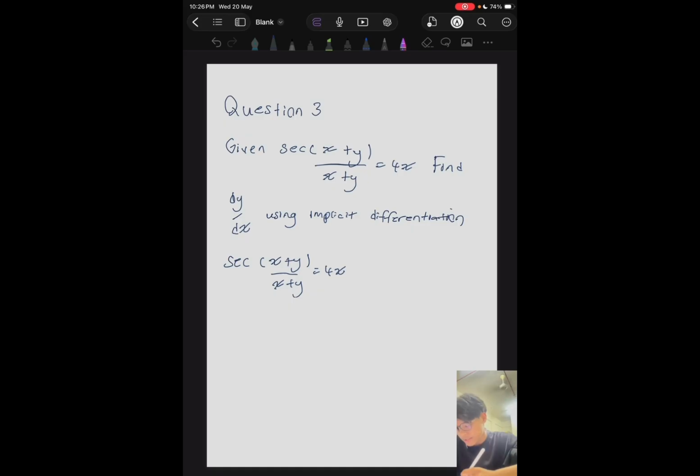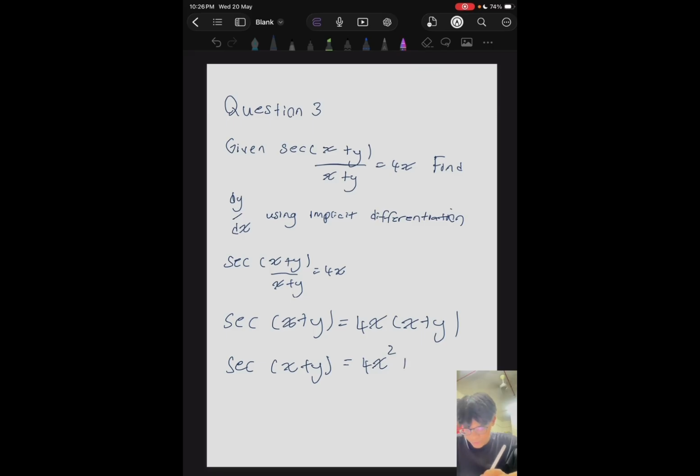So it's gonna be like this. This is after we cross multiply and we expand it.